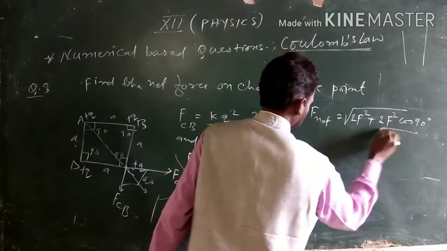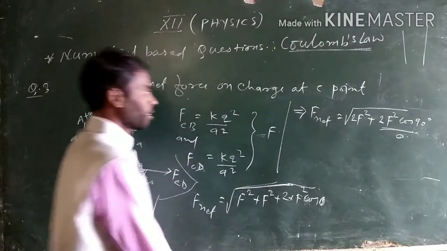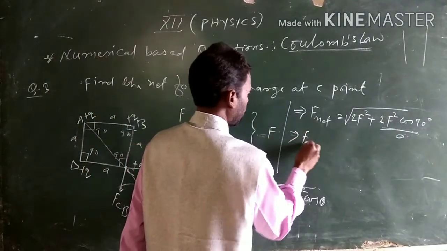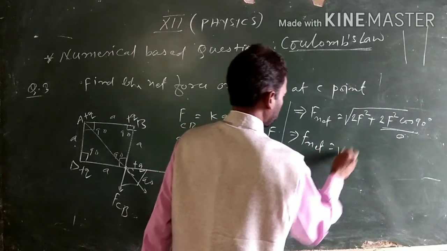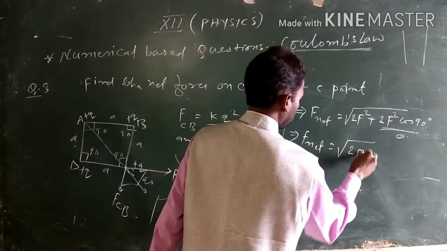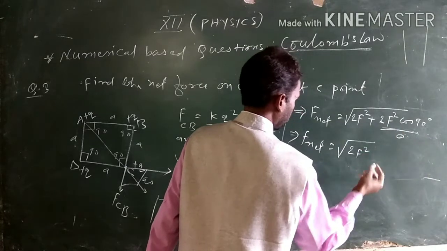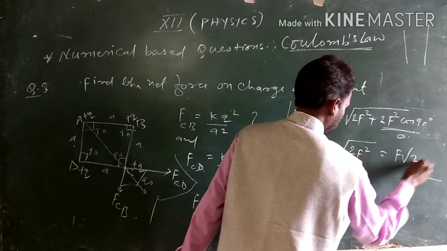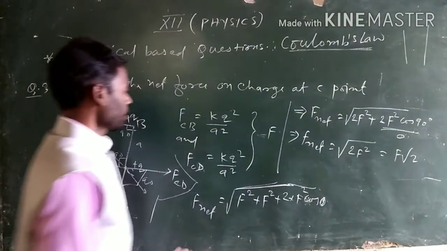Then this term will be 0 because the value of cos 90 degrees is equal to 0. That means F net force is equal to root over 2F square, this term being 0. That means we get F root 2.